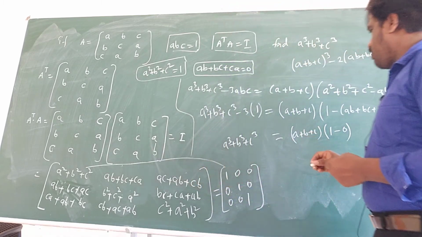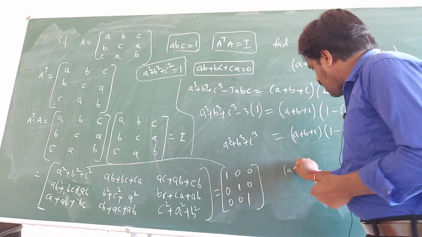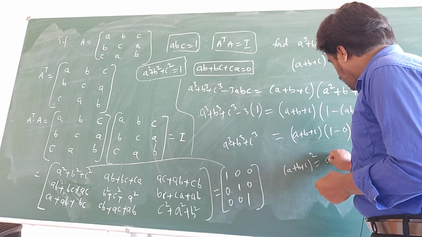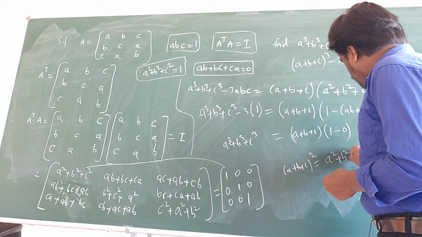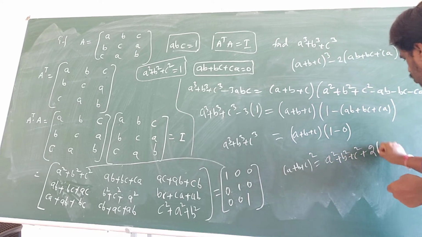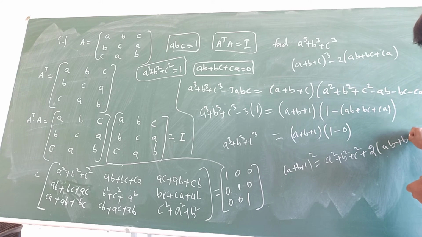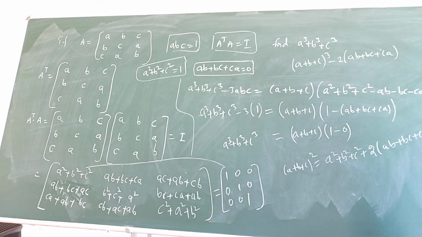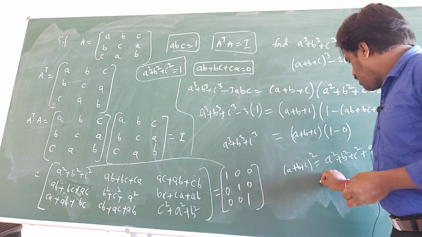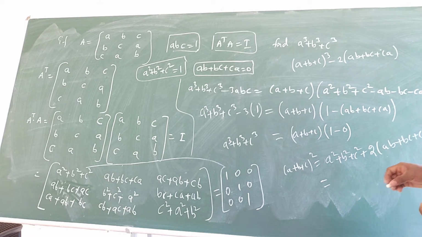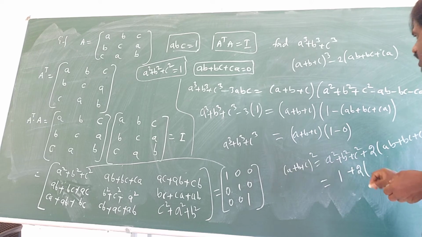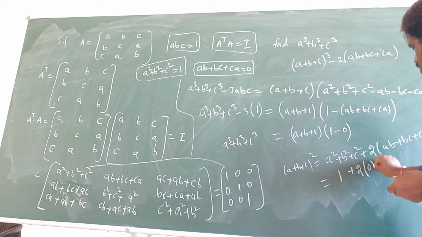Actually, A + B + C you want? You know the formula: (A + B + C)² = A² + B² + C² + 2(AB + BC + CA). So A² + B² + C² is 1, plus 2 times AB + BC + CA, which is 0.